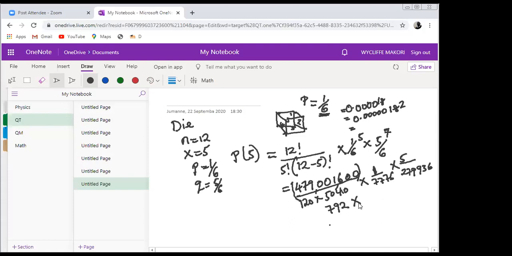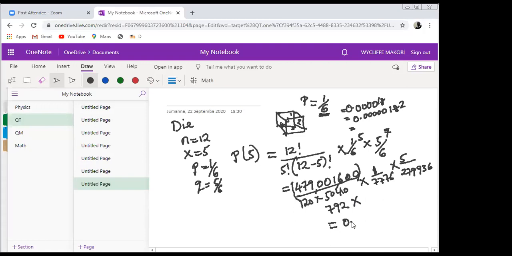Times 1 over 7776 times 5 over 279936 is equals to. So the whole answer I'm getting is actually 0 point.